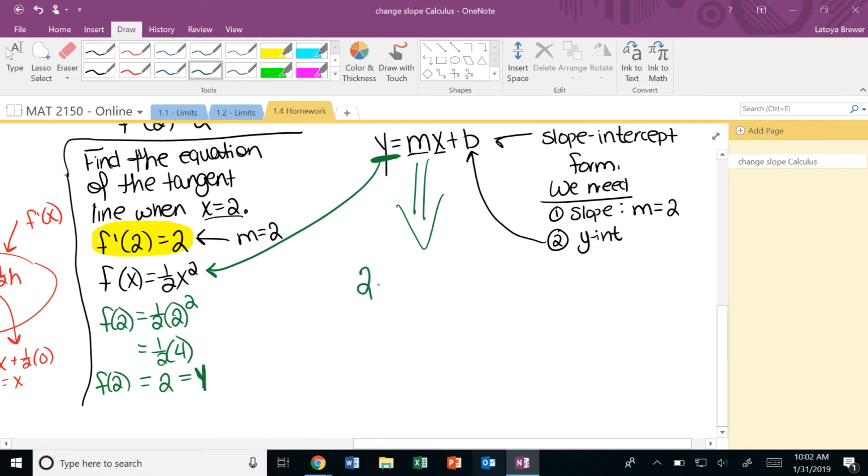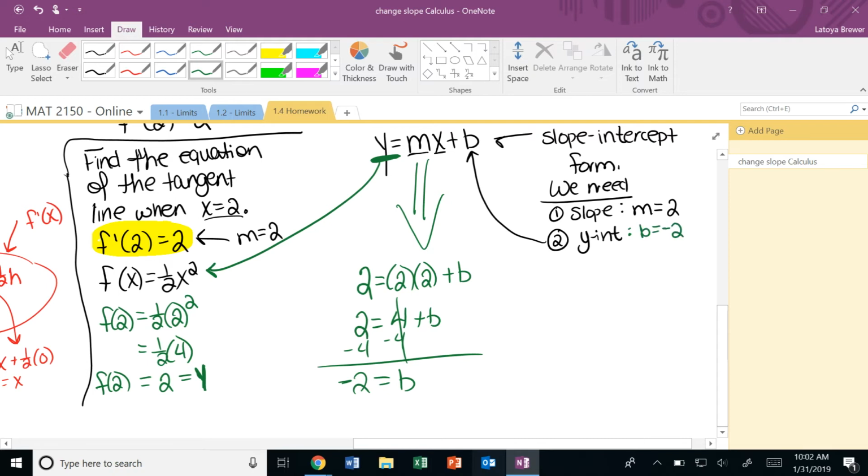I know that my y is going to be equal to m x plus b. Now solve for b. This is going to be 2 is equal to 4 plus b. Subtract 4 from both sides. I'm left with negative 2 is equal to b. So now I know that my y-intercept is negative 2.